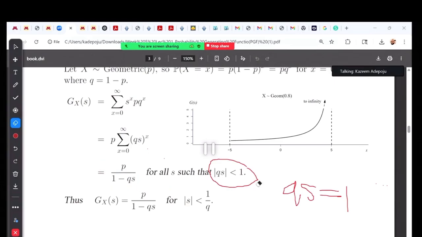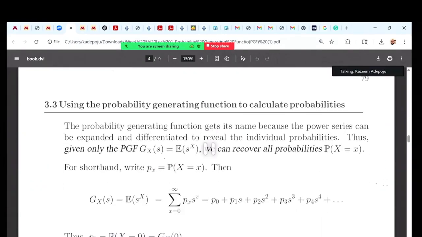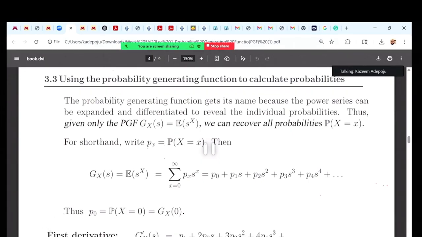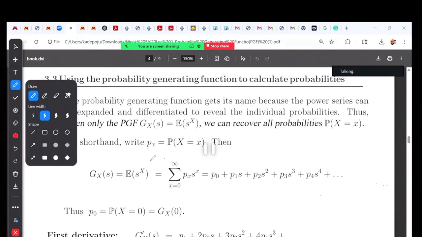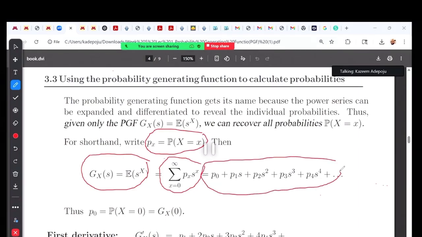Super cool. Now, let's continue. If I have the probability generating function G(s), which is defined as this, where p(x) here is the PMF of a particular discrete distribution, I can rewrite it in a listing form.